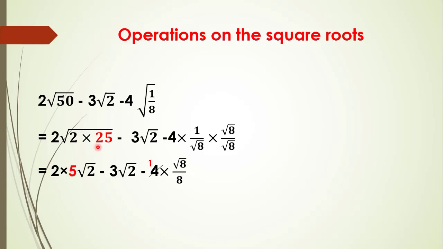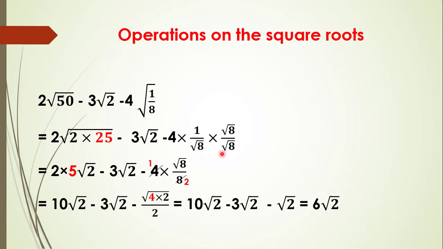Okay, so here we have 2 times 5, because root 25 is 5, so 2 times 5 root 2 minus 3 root 2 minus here we have 4 root 8 over 8. I'll simplify dividing by 4, so we have root 8 over 2, but here 8 is 4 times 2, so we have 2 root 2 over 2, which is root 2.